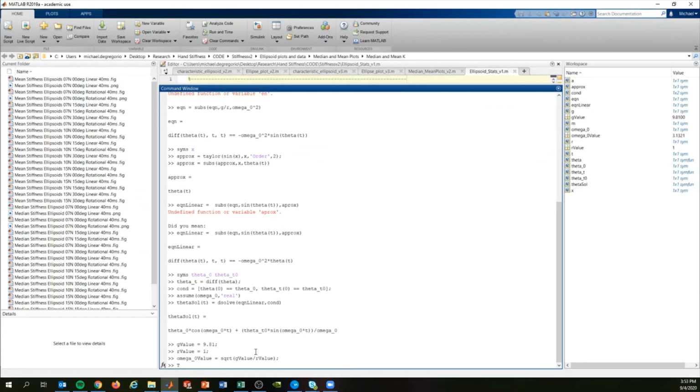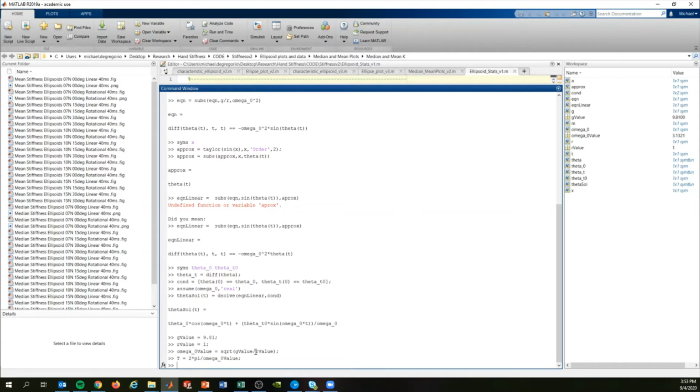We've got capital T, our period, is equal to 2 times pi. In MATLAB, if you want to use pi, it's just lowercase pi, divided by omega underscore 0 value.